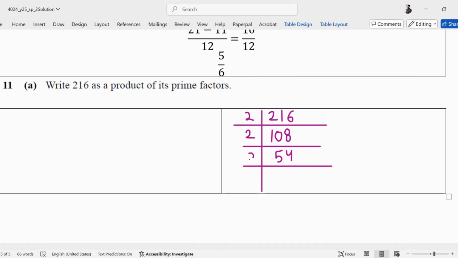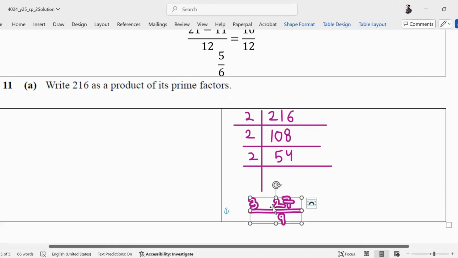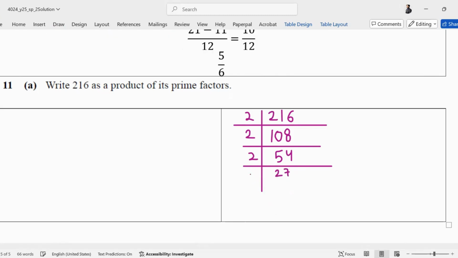And then we will divide this by 2, and we get 27. We'll divide this by 3 and I'll get 9.